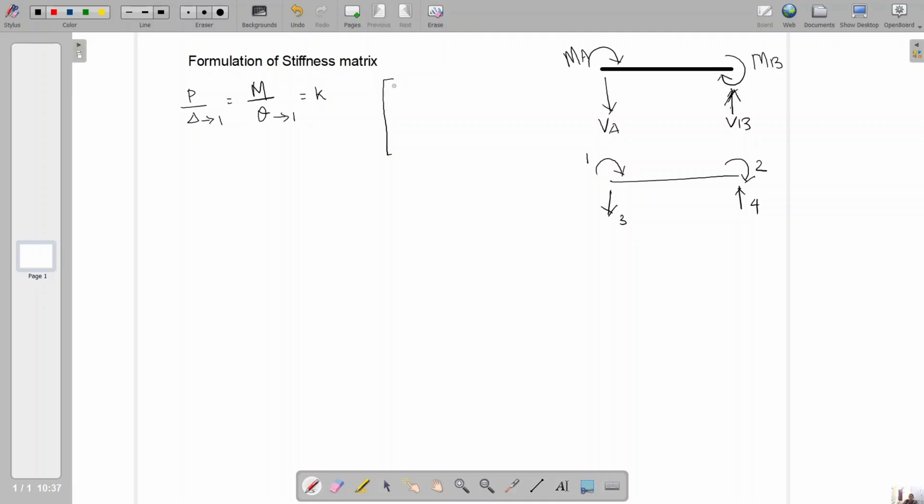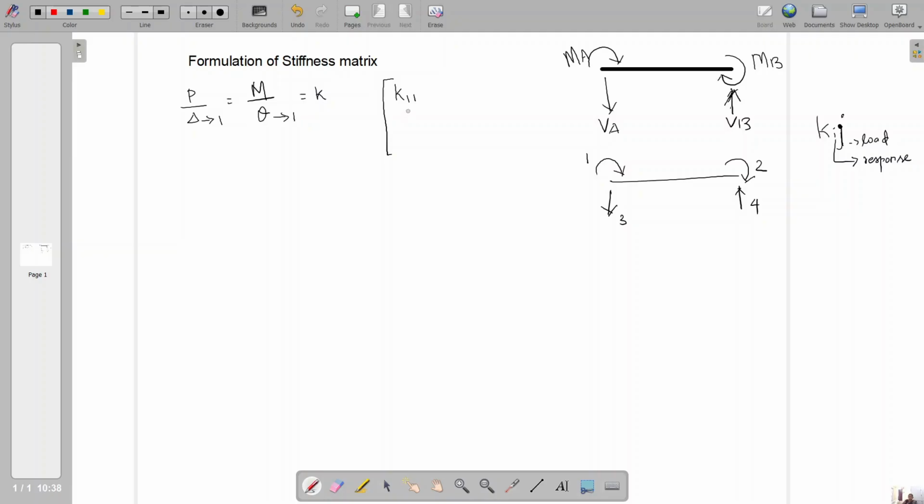So what are stiffness influence coefficients? The stiffness influence coefficient is Kij, where J is the point of loading and I is the point of response or effect. So J is the coordinate of application of load, and I is the coordinate or the point of response which we are observing.